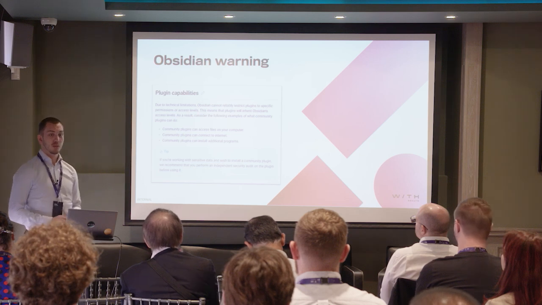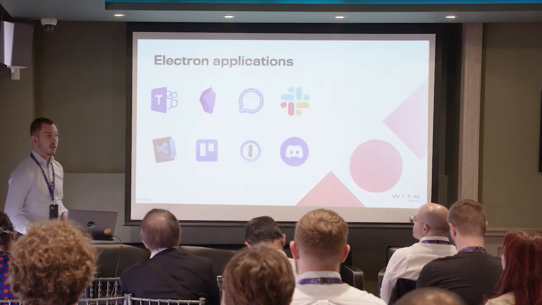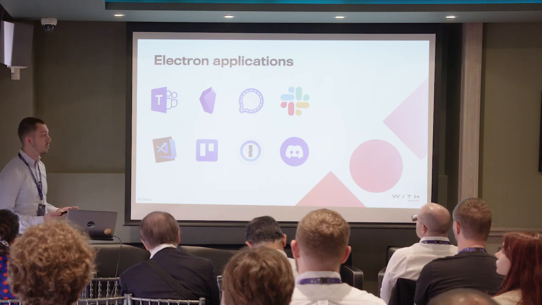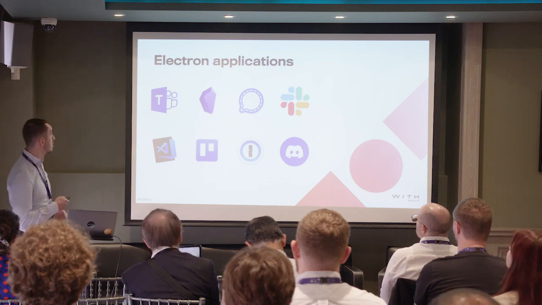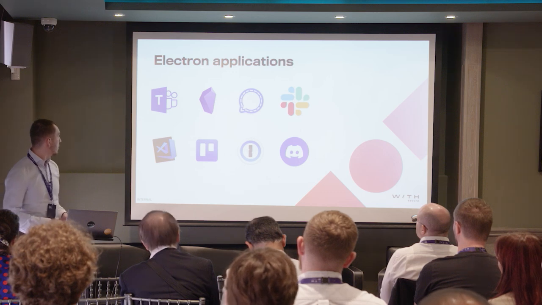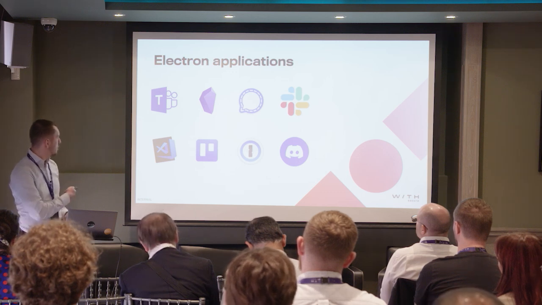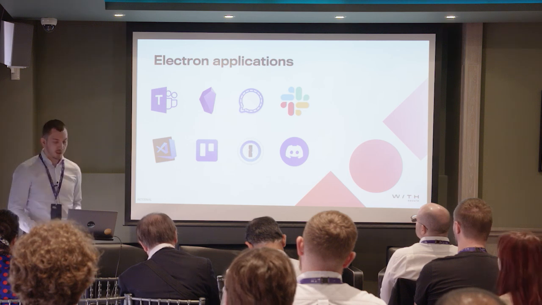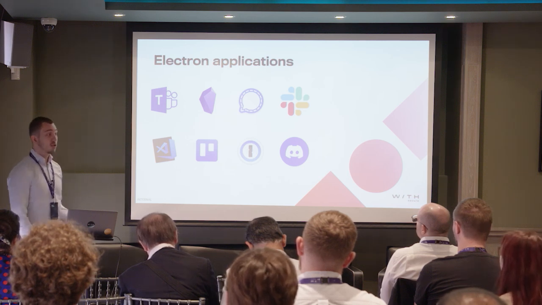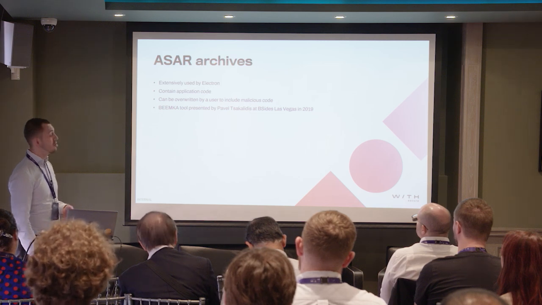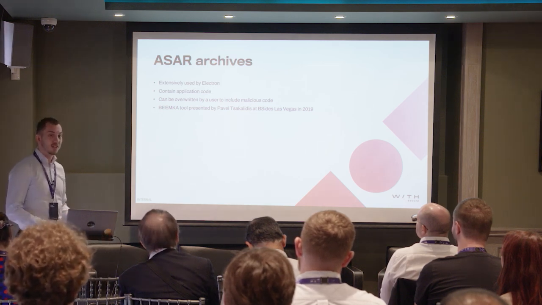The last technique worth mentioning is ASAR backdooring. There are plenty of Electron applications usually deployed in the environment: old Teams, not the new one, Slack, Signal, Obsidian or Discord. These usually use ASAR archives, which are usually not checked for integrity, not signed.